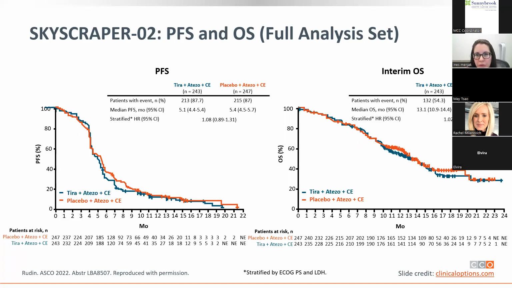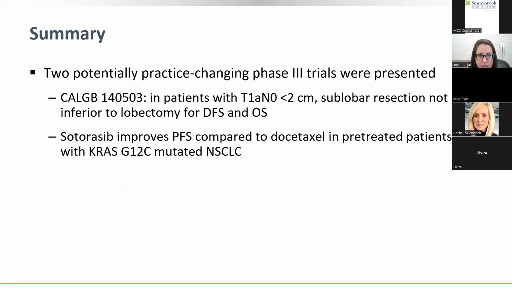So in summary, we've had a number of studies, certainly phase 2 studies that are showing promising results. In the coming years will be phase 3. And currently we had 2 potentially practice-changing phase 3 trials that were presented.